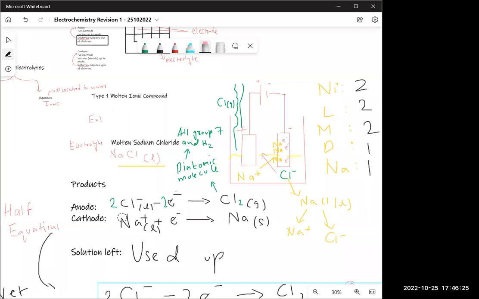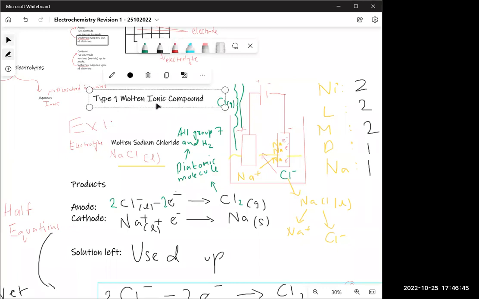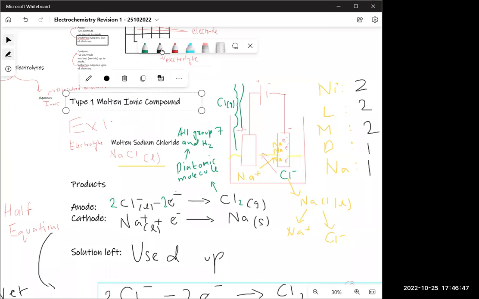Sir, do you want me to read or write? Write, in your notebook. I need all of you to write it, and quick. So all you have to do is type 1, molten compound, then example number 1. And this is my first example. We'll look at one more example in this, and then we'll go to the aqueous ionic form.